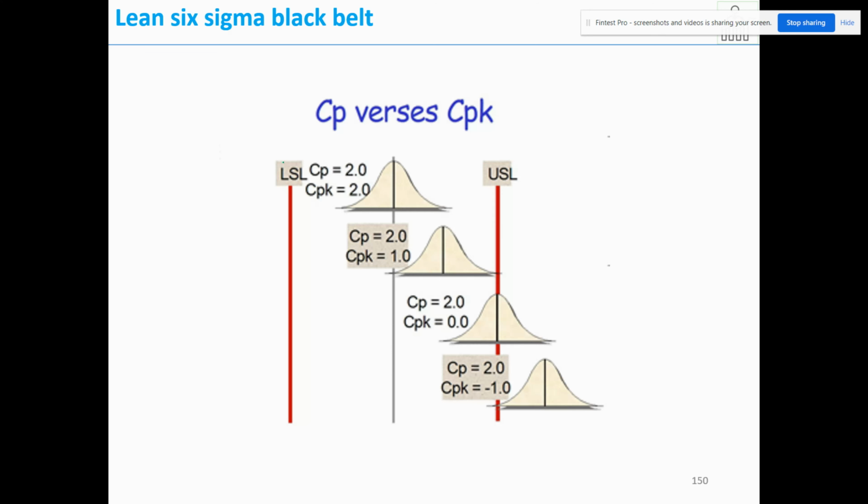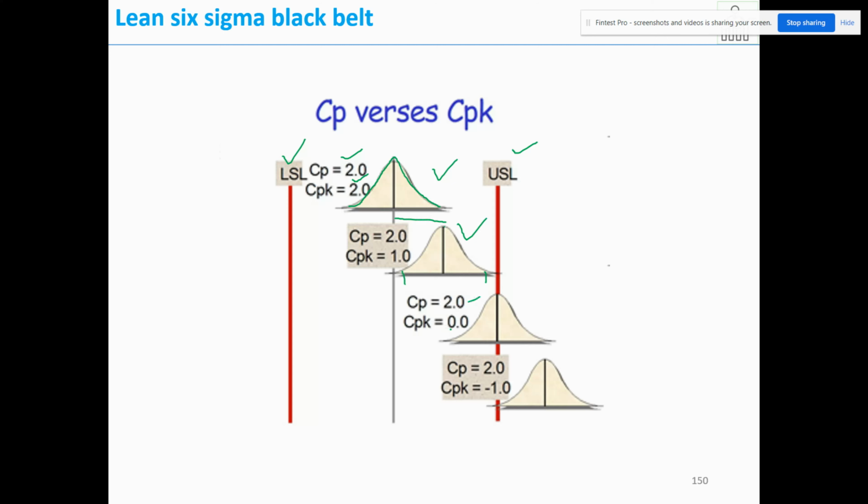Now if you see here, this is your lower specification limit and upper specification limit. In this case one, CP is 2, CPK is also 2. Therefore, it is exactly in the center. It is a good process. Here CP is 2, CPK is 1. That means you have lesser variation, but your process mean has shifted from the drawing mean. Say okay process.